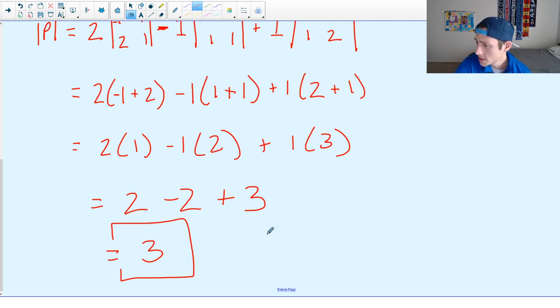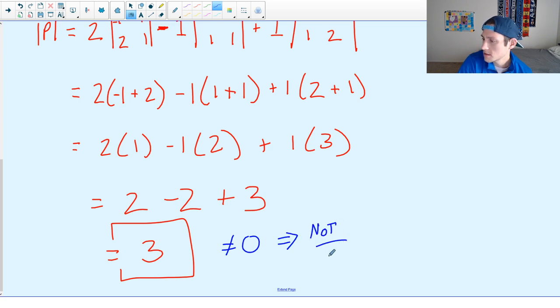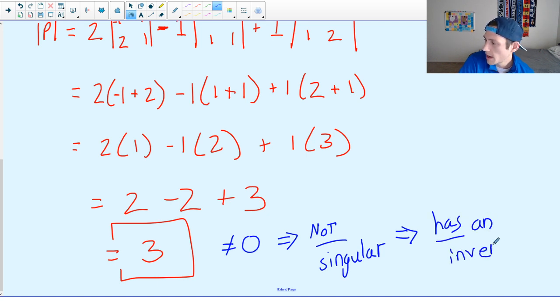What can we conclude from this? So specifically, we know the determinant is not 0, which means this matrix is not singular. What that means is this matrix does have an inverse.